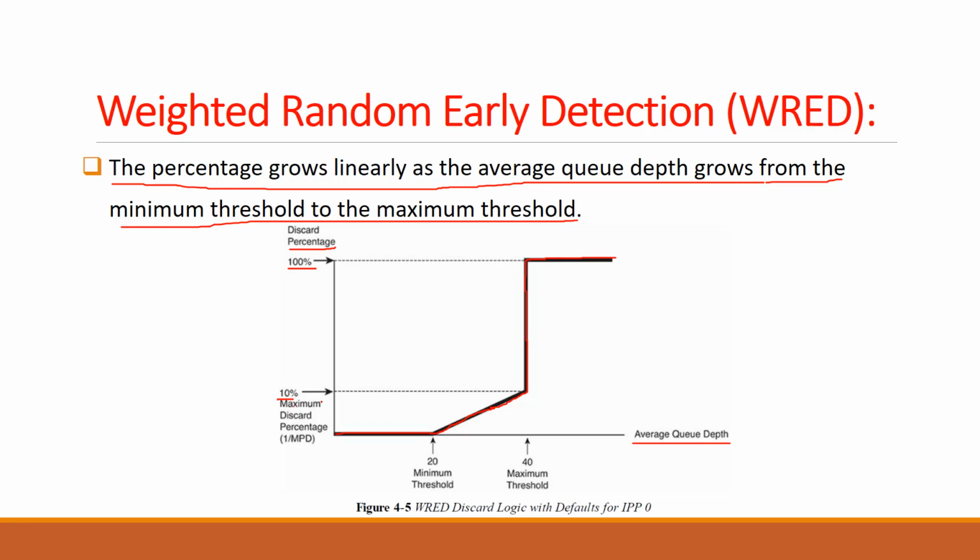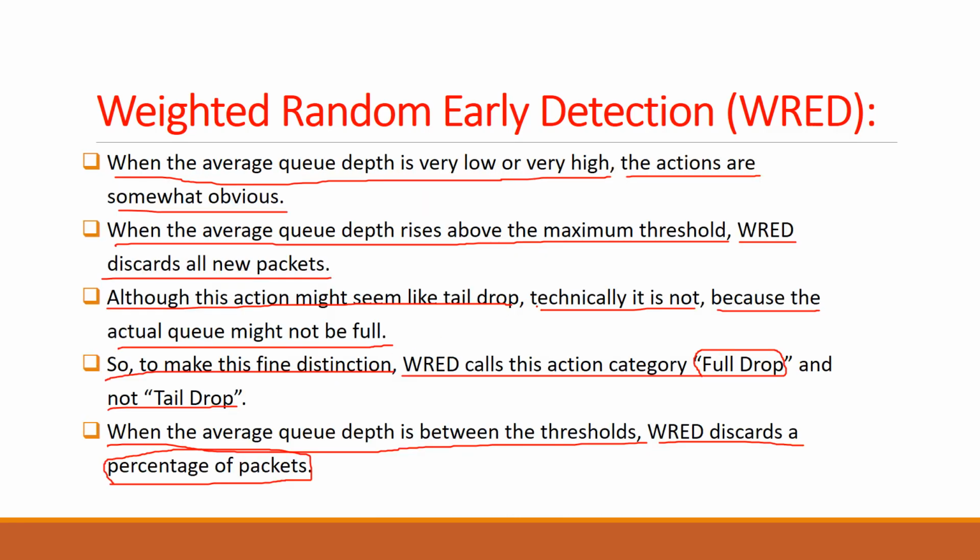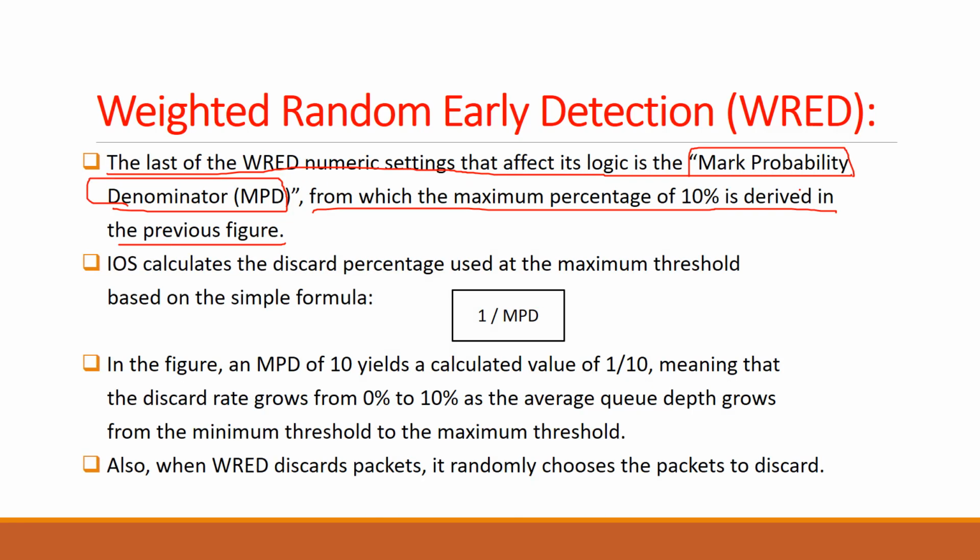What determines this value is what we call the mark probability denominator. QoS calculates the discard percentage used at the maximum threshold based on the following formula: 1 over the mark probability denominator.